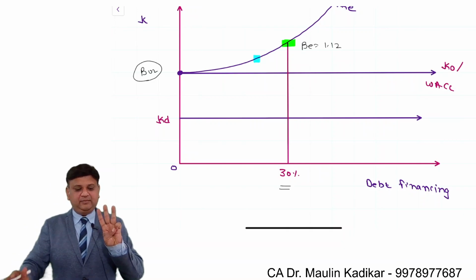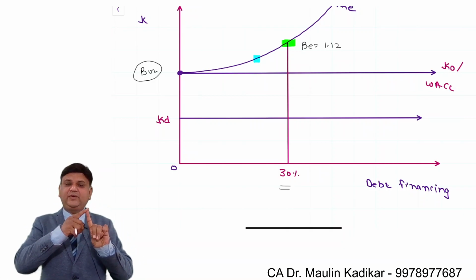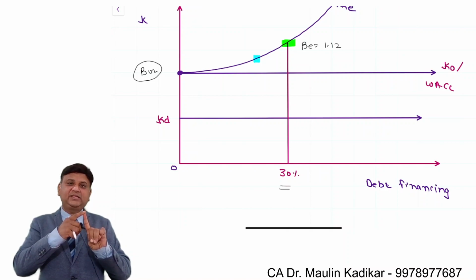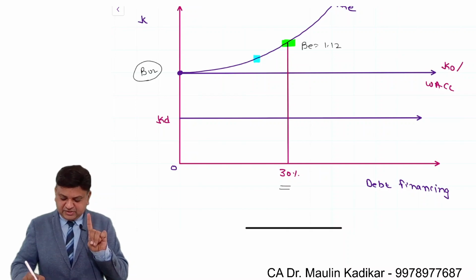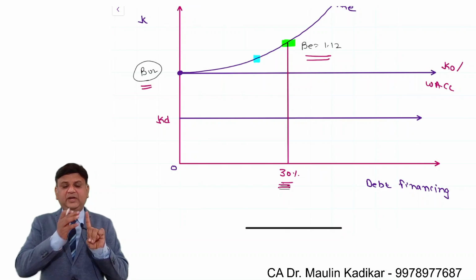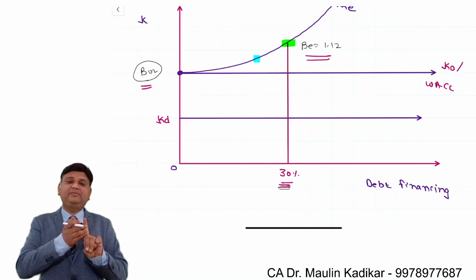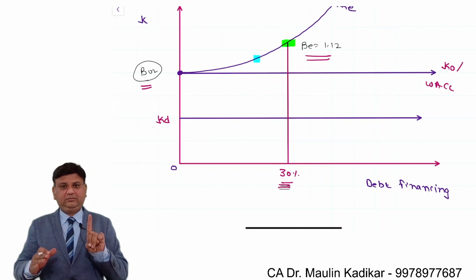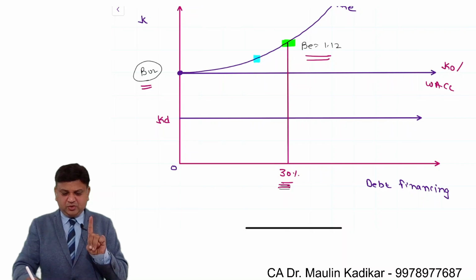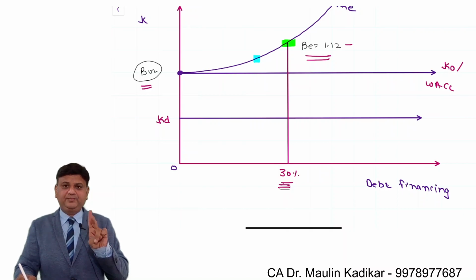I repeat it again. First of all, we'll compute the beta of unlevered equity, taking into account the information about the proxy firm's capital structure and the proxy firm's beta of the levered equity. That means what is the beta of the equity if there is no debt financing, and of course the answer is going to be less than 1.12.